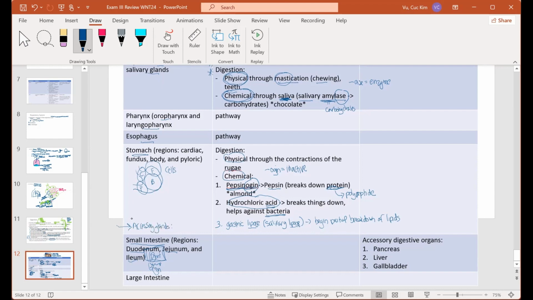And the accessory glands include the liver, which contributes the bile, the pancreas, which contributes a ton of chemicals. So you may want to make a list of all of that. Oh, and I wrote it right here.